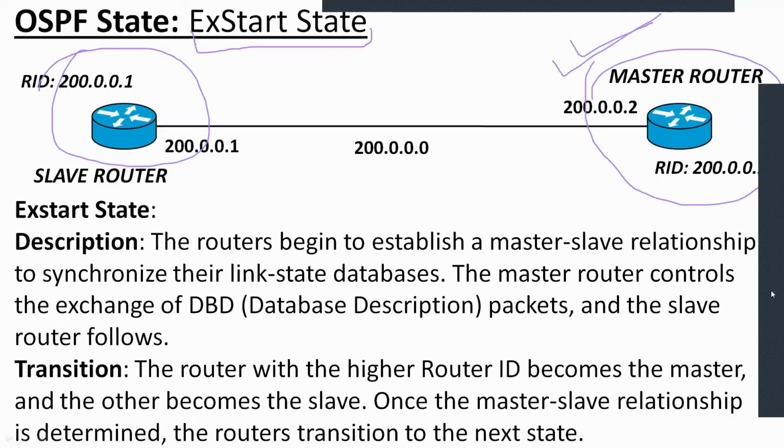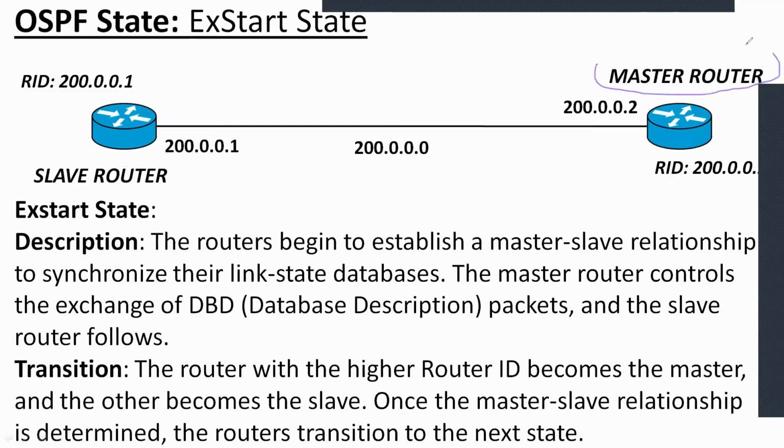That is why R2 will become the master router. And the master router will forward the database description first. So the routers will establish the master-slave relationship and the master will forward the DBD message first.